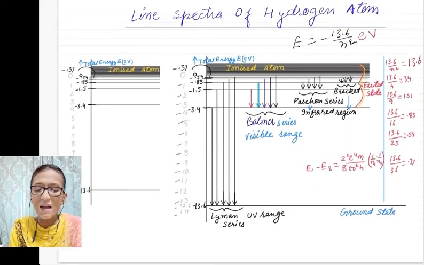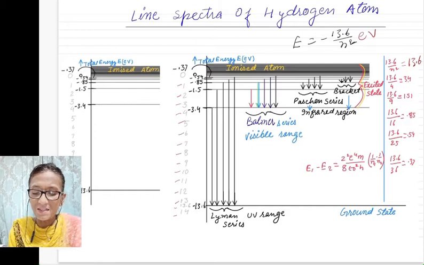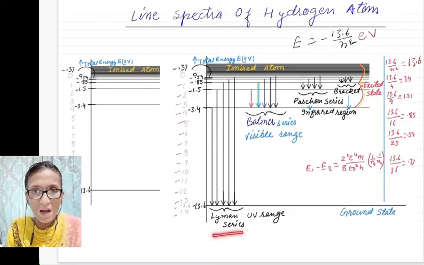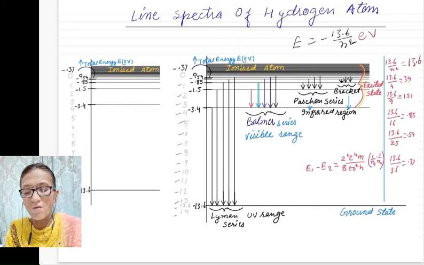And this is why we have known these series of energy levels only 4 or 5, like Lyman series, Balmer series, Paschen, Brackett, and one more is known, that is Pfund.